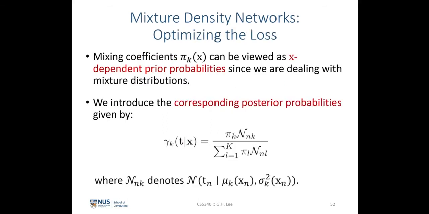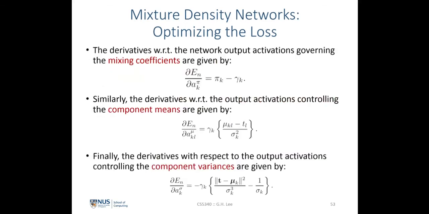Similar to the EM algorithm, we will end up with a responsibility-equivalent function, which is dependent on all the parameters estimated from the previous parameters of the network, and we will simply define this as gamma, which is equivalent to our responsibility function.